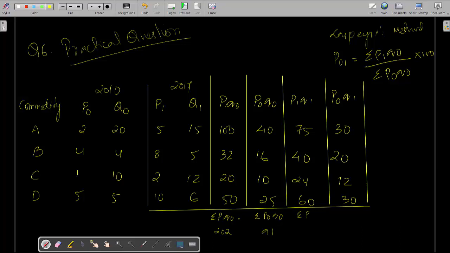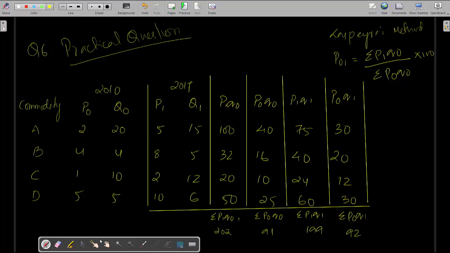If you add up P1 Q1, you will get 199. Now sigma P0 Q1, if you add up, you will get 92. So we have all the values here.